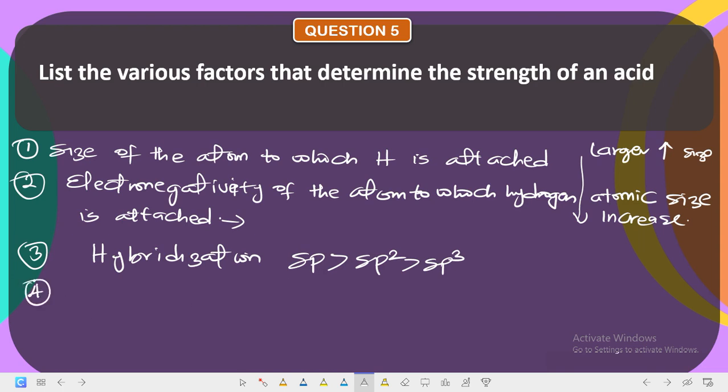Now, number 4, we have inductive electron withdrawal. An electron withdrawing group increases acidity. What are the electron withdrawing groups?